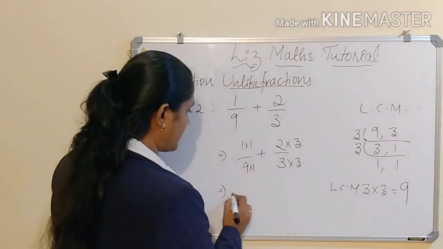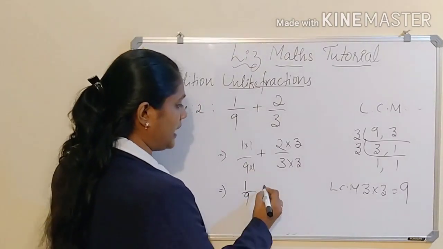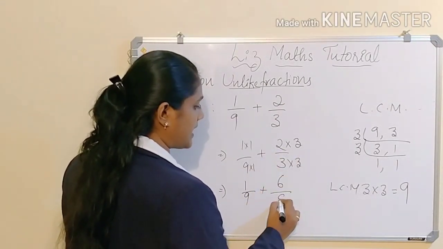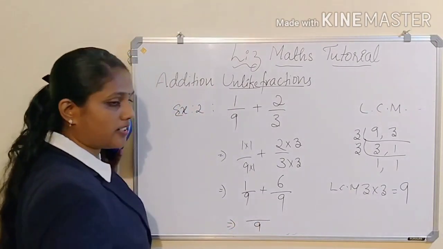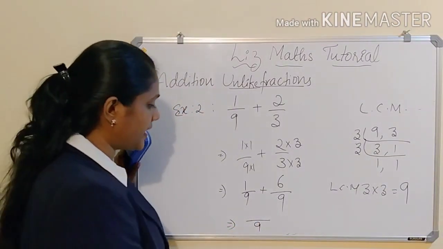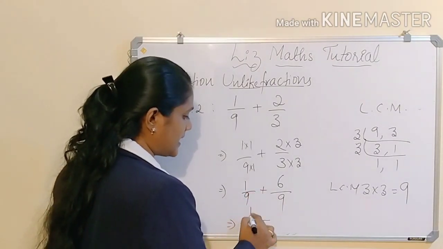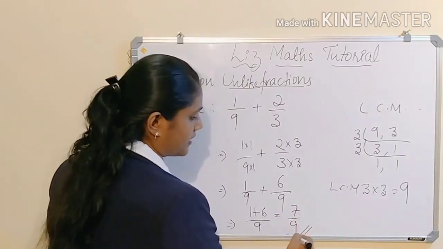Now write down this. 1 ones are 1 divided by 9 ones are 9, plus 2 3s are 6 divided by 3 3s are 9. So 9 is the common denominator. So you have to write 9, and what is the numerator? 1 plus 6. That gives you 7 by 9.